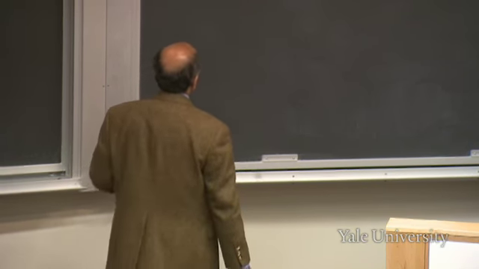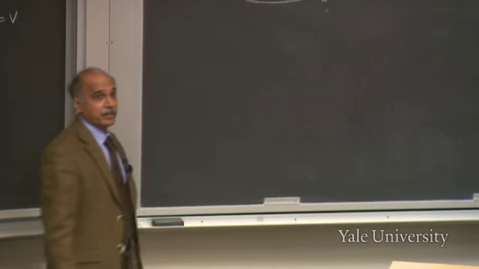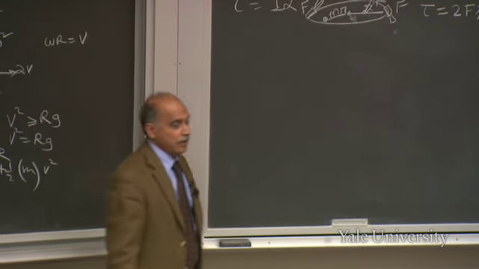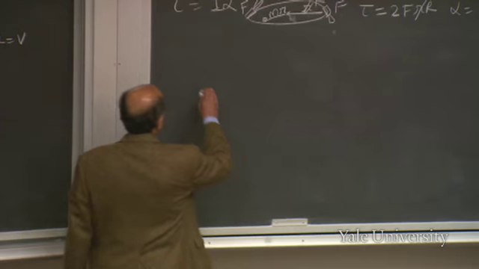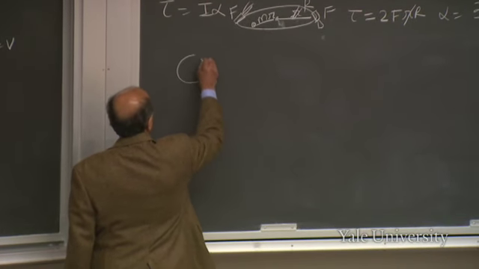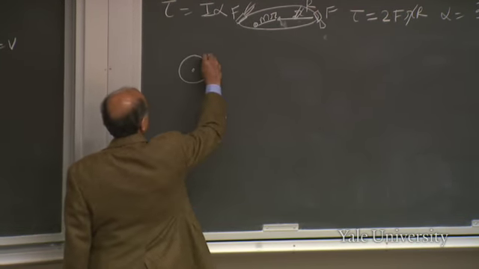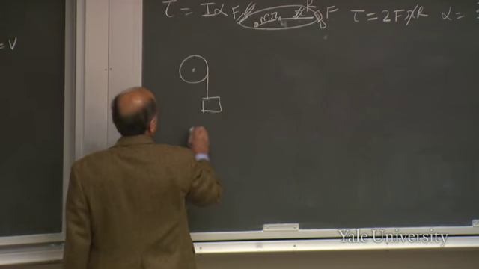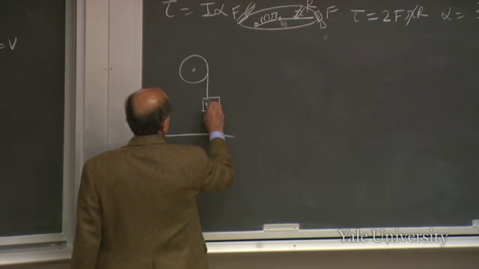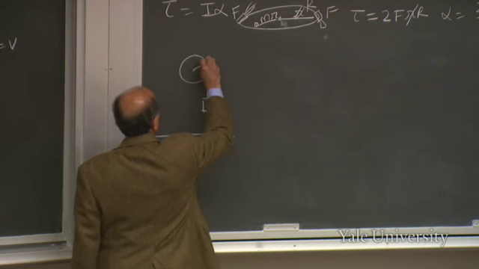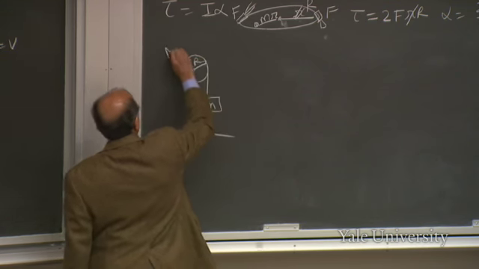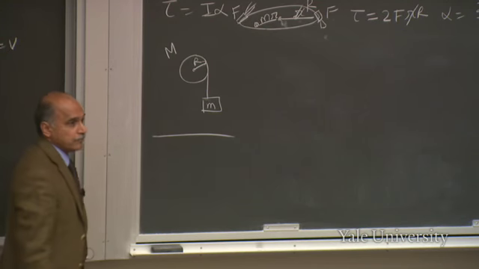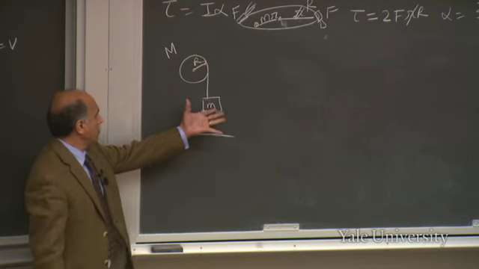So now I'm going to do slightly more complicated problems. Here is the first complication you can have. There is a pulley and there is a mass. Let's call the mass little m, let's call the radius r, and the pulley mass big M. And I just let go of the mass.